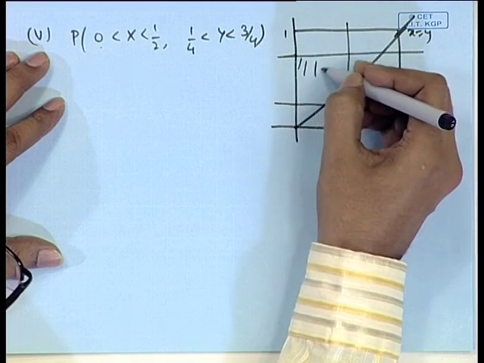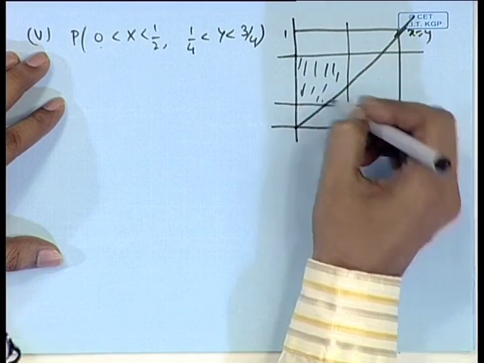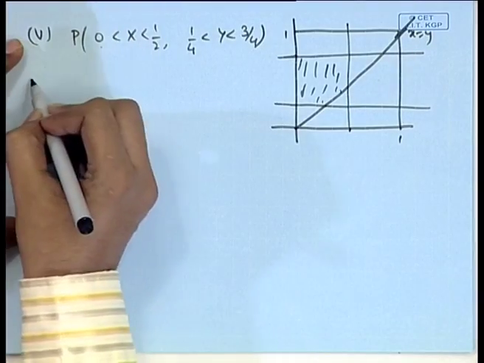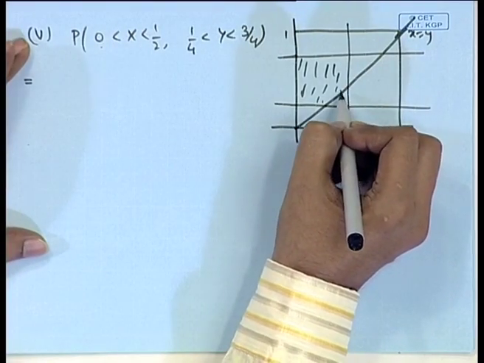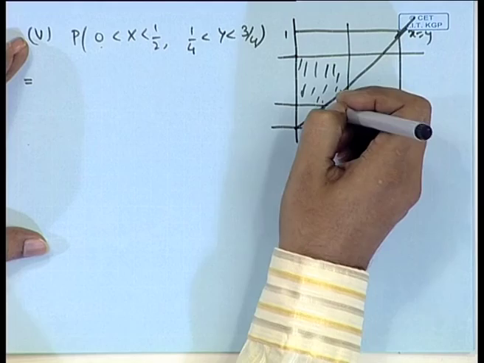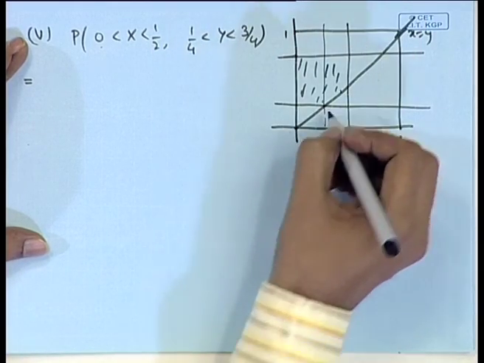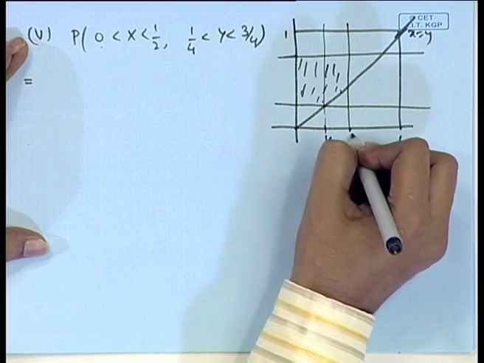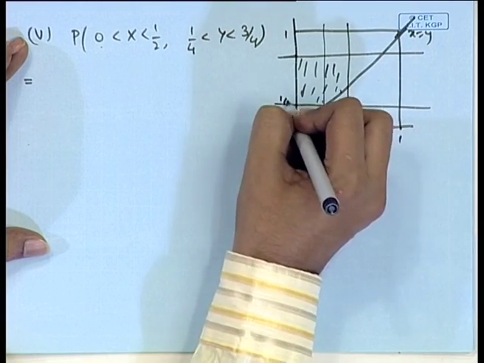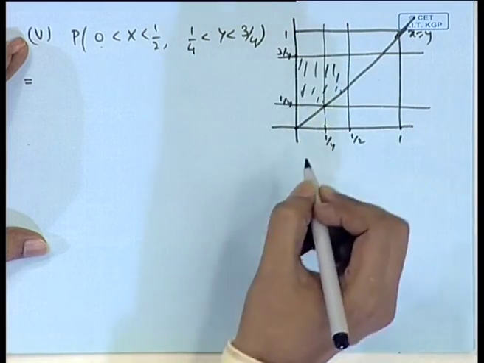So, this is the region. Now, here we will have to integrate the density into two parts. So, we may split it into this type of portion. So, this point is 1 by 4, this point is 1 by 2, this point is 1 by 4, this point is 3 by 4.